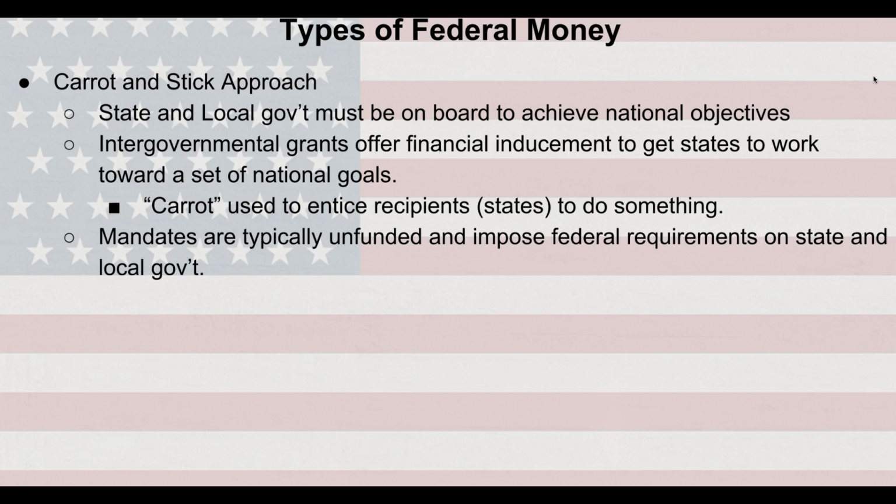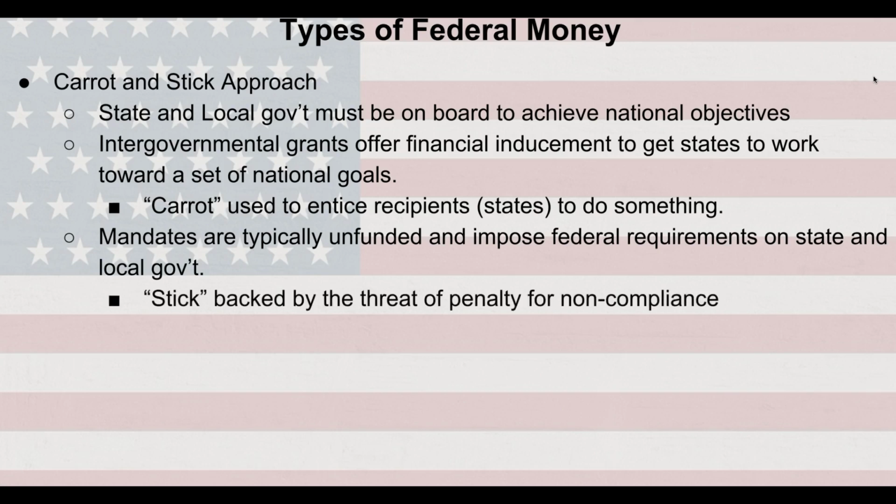And so when you have this, we're going to see more of a stick approach, because they're going to use a threat of punishment in some way to get states to get on board. If they're non-compliant, then there's punishment. Kind of like that thing that we talked about in the last lecture, Louisiana not really wanting to raise the drinking age to 21.